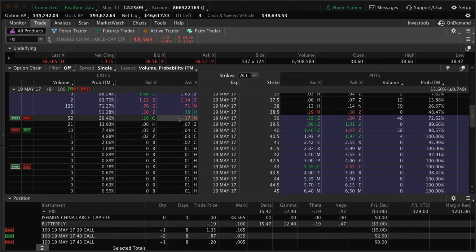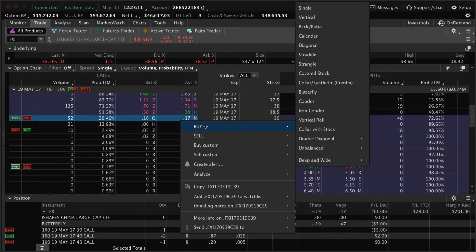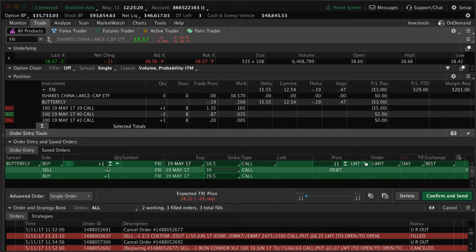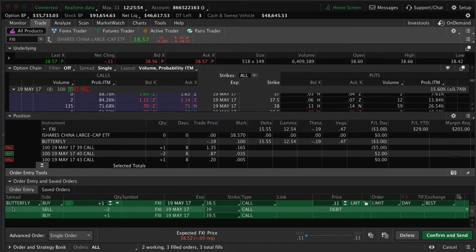If we just click buy butterfly, you can see basically you sell the body, so you're selling two of the middle strike, and then you buy one of each wing. So sell the body, buy the wings. Hopefully that made sense. If it didn't, make sure you watch the video in the options trading course in chapter 7 for the butterfly.